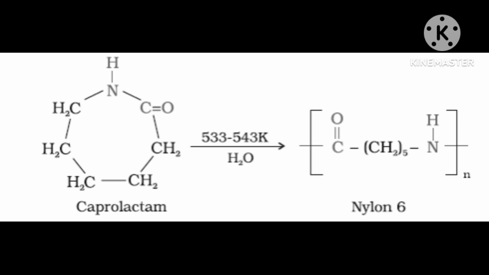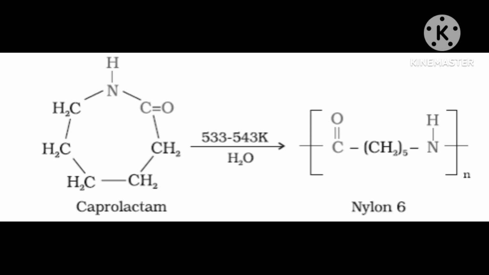Now next I am telling you, under polyamides, polyester. The name itself is there, polyester. Ester is RCOOR, you know, R may be same or different. Then poly means many esters will join, you remember. These are polycondensation products.